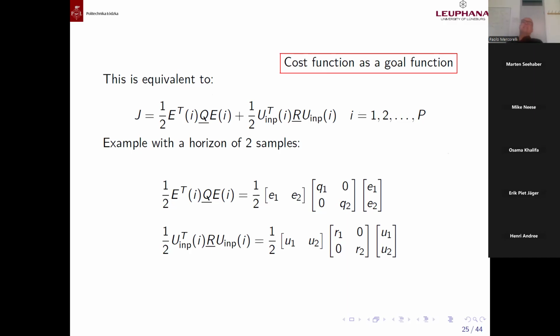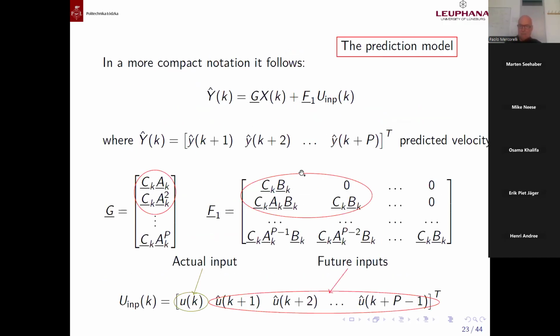This means I have to nevertheless minimize the energy in terms of inputs, today, tomorrow, and after tomorrow. Please pay attention to the timing. UK starts from UK today, what I can apply today to obtain something tomorrow. K plus 1 is tomorrow.